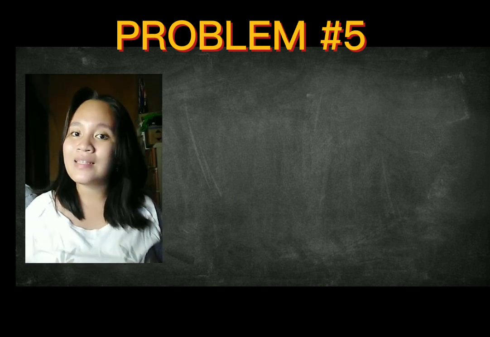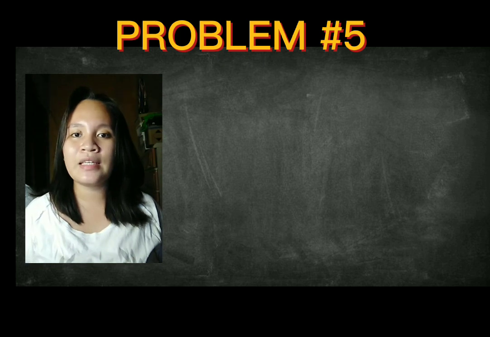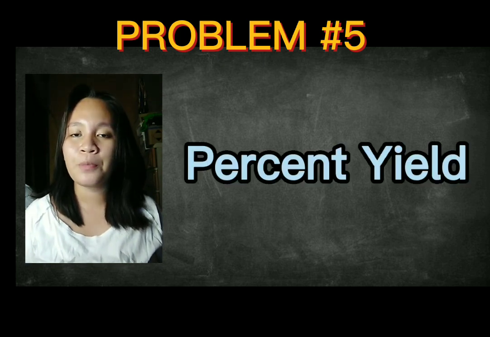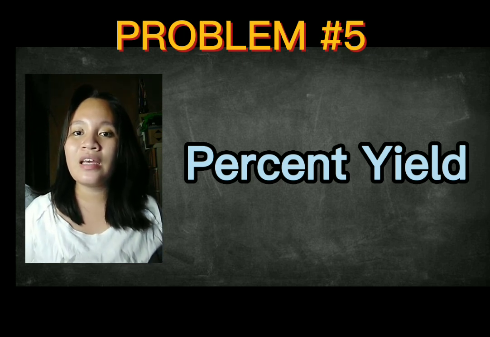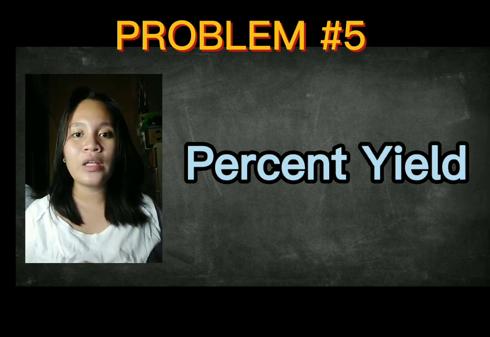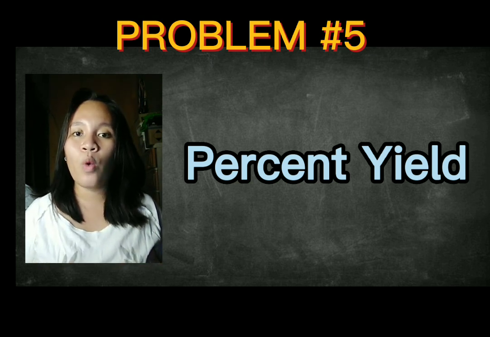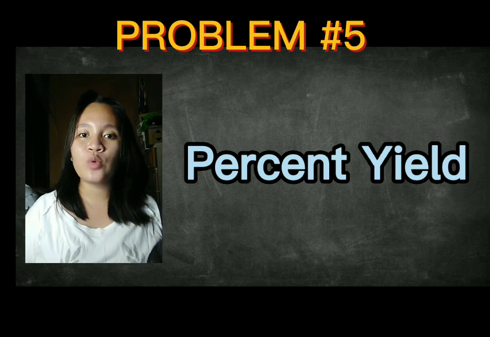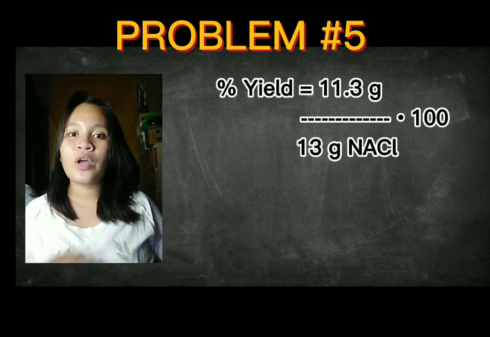Okay, so lastly, learners, let's solve for the percent yield. The formula for the percent yield is equal to the actual yield divided by the theoretical yield times 100. Our actual yield here is 11.3 grams.